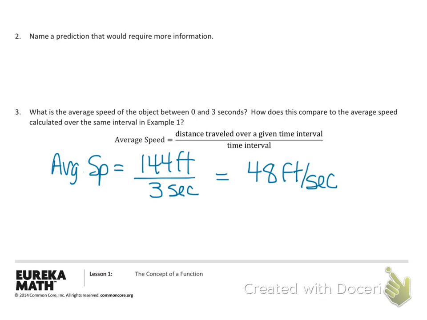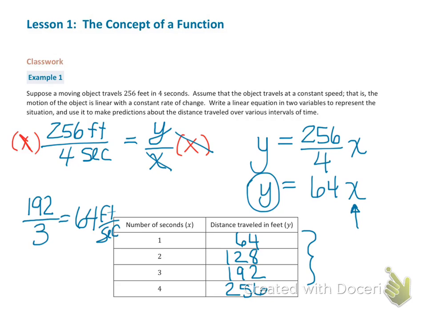Now we're asked, how does this compare to the average speed calculated over the same interval in example 1? So let's go back and look at example 1. Okay, here is our function for example 1. Remember that assuming a constant rate, the speed of this object would have been 64 feet per second.